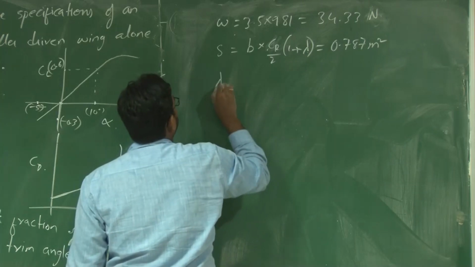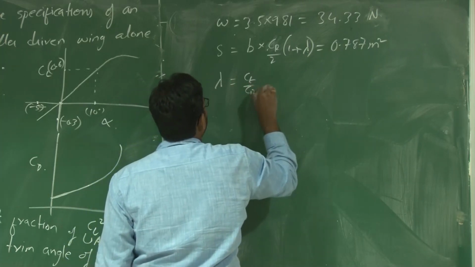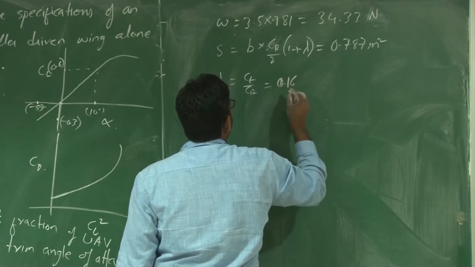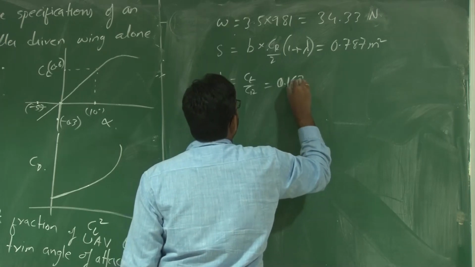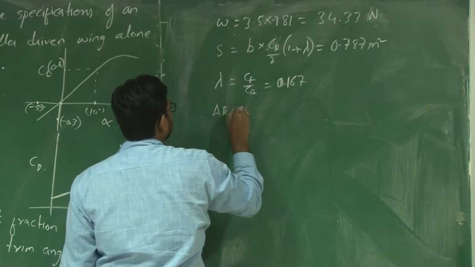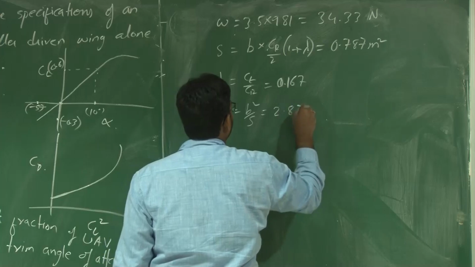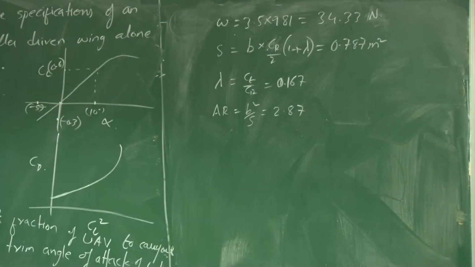Lambda is CT by CR, which is 0.167, and AR is B square by S, which equals 2.87. Right? It's a crop delta wing UAV.